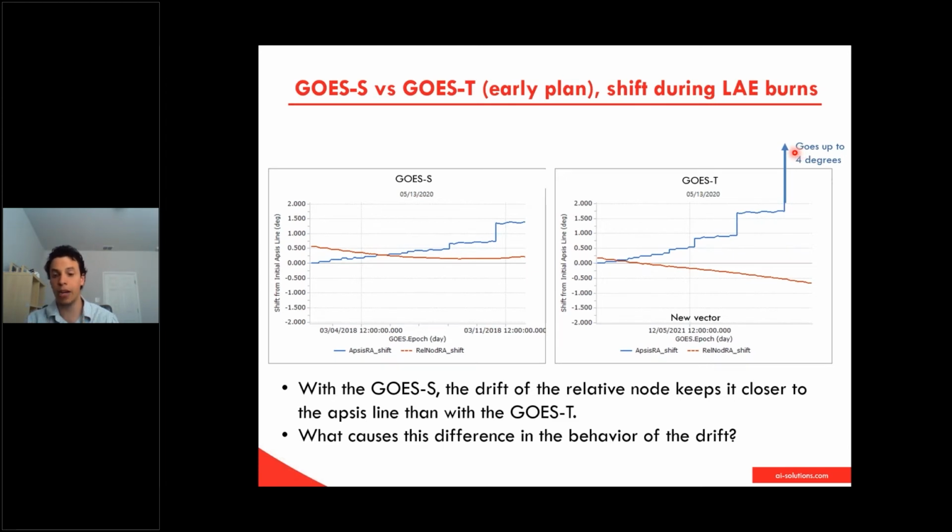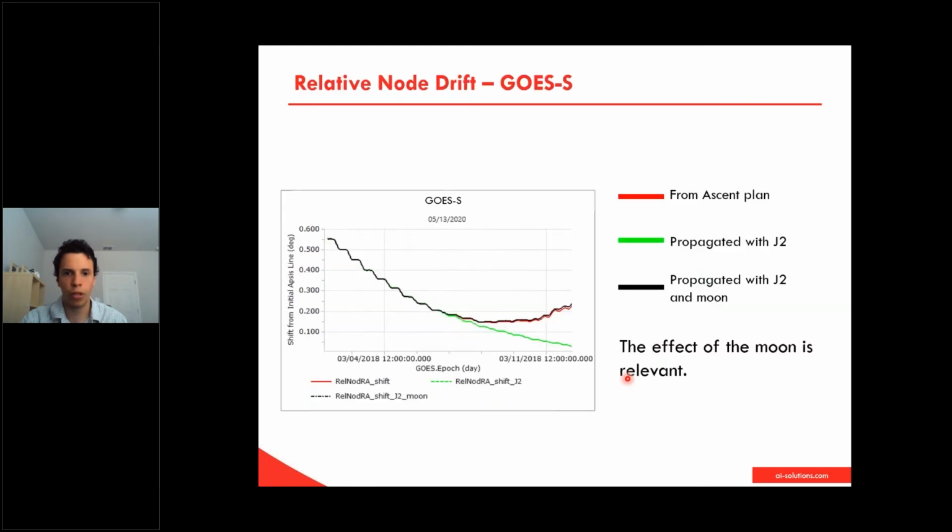Like the right ascension of the apogee was 4 degrees off from the right ascension of the relative node. So it led to the problem that I showed before. And through, as I said, checking different possibilities and different force models, we identified that the reason this happened was due to the moon.